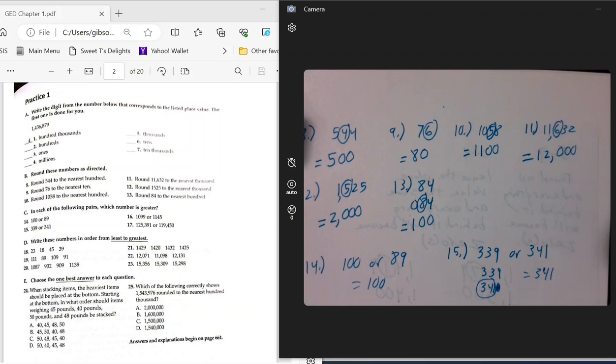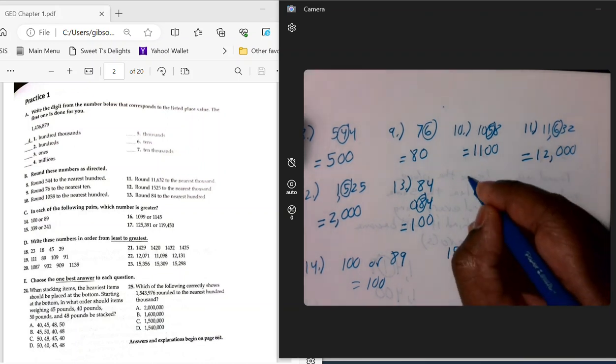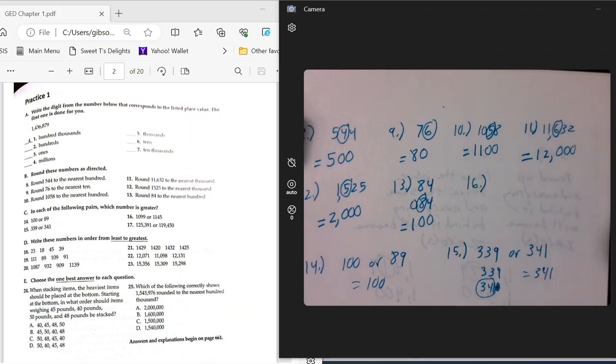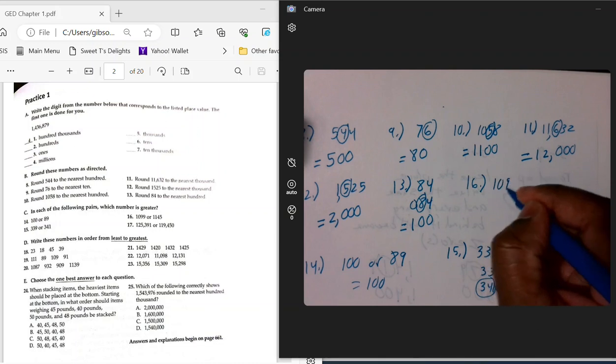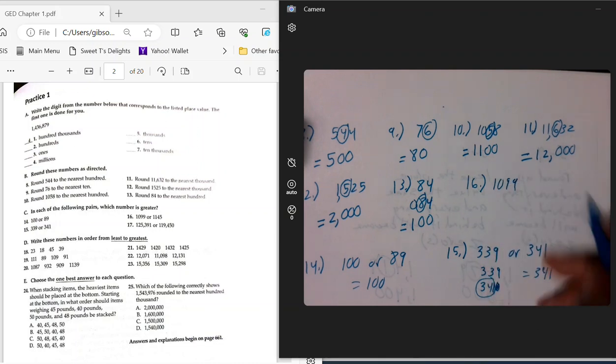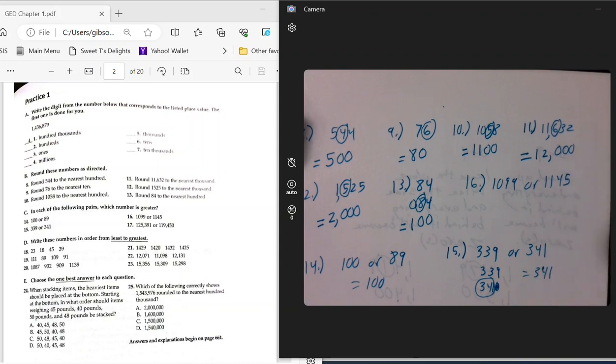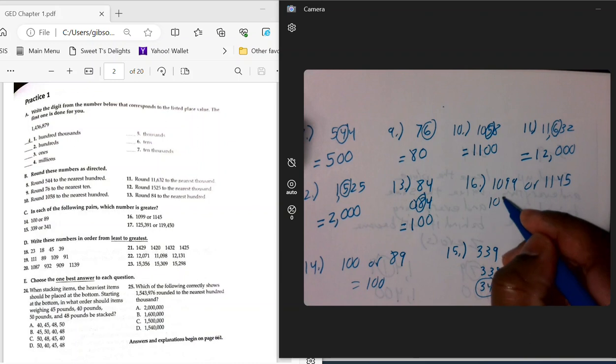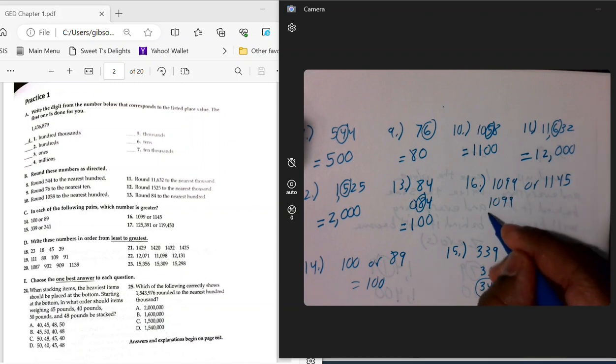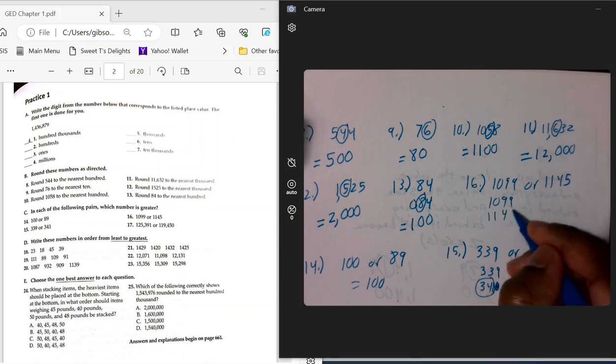Okay, so now we will go to 16. I'm going to go up here because I have some empty space. So 16, we have 1,099 or 1,145. So we could line them up like we did problem 15. We have 1,099 over 1,145.